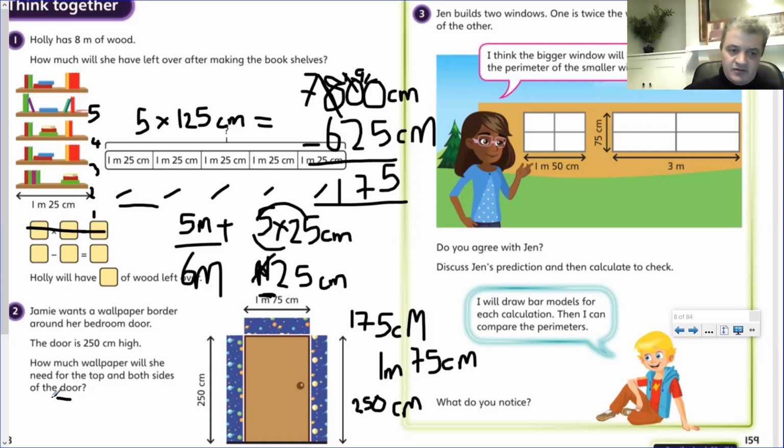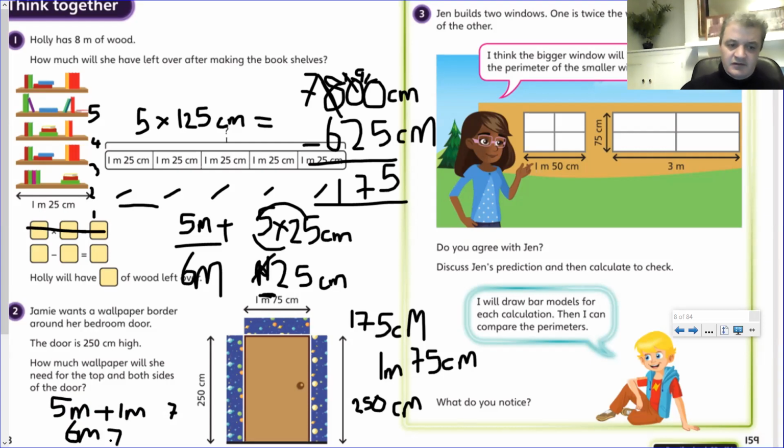So 2 sides of the door would be 5 meters of wallpaper border plus 1 meter 75 centimeters. So she's going to need 6 meters 75 centimeters.